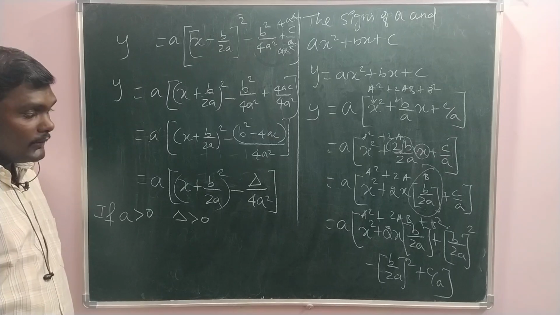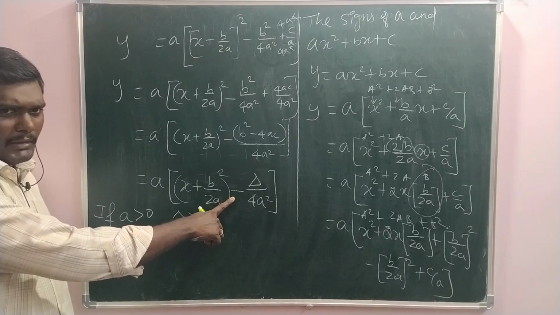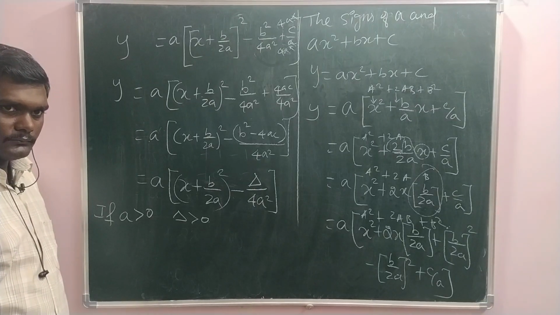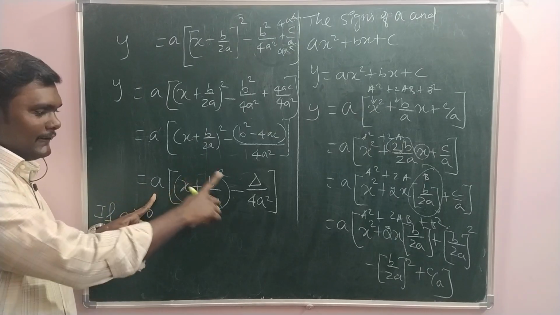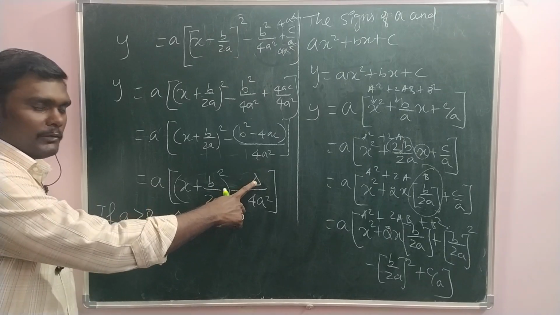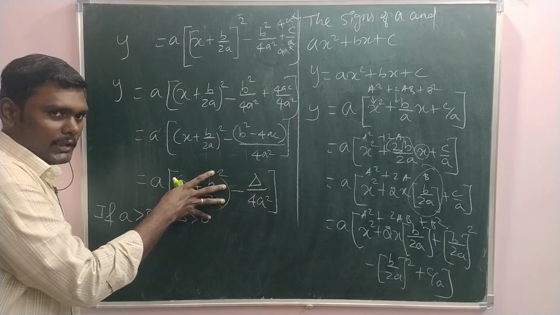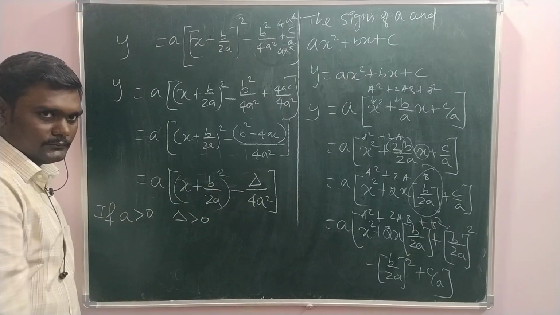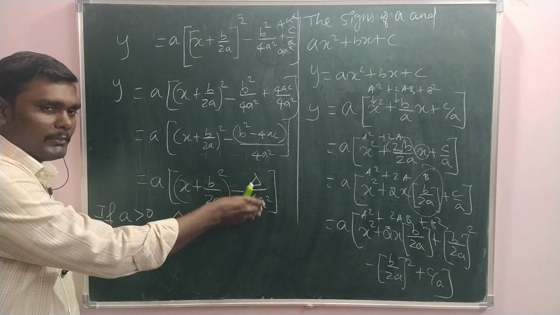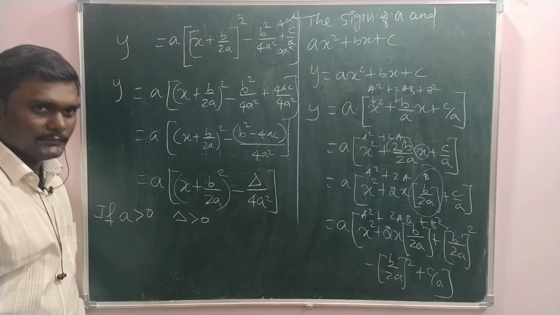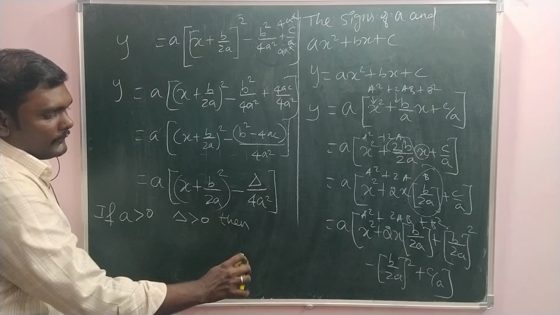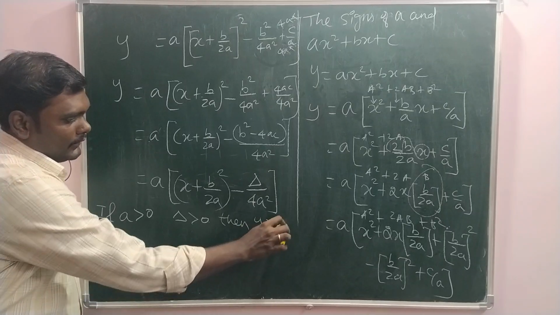Why? Because here negative is there, won't it be affecting? See, a is positive, this is a positive quantity, this is also a positive quantity. When you see, this is bigger than this one, is it? And when a big number is subtracted from the small one, we will get positive only, is it? So then this y is also greater than 0.